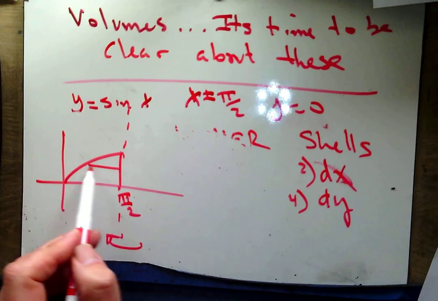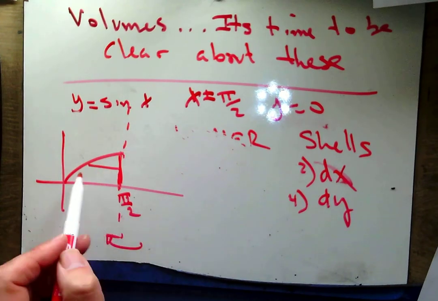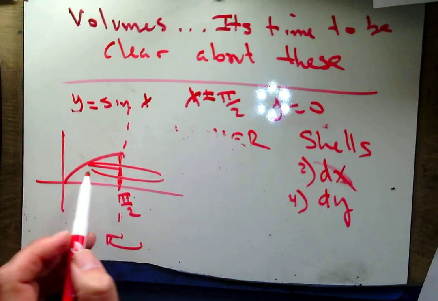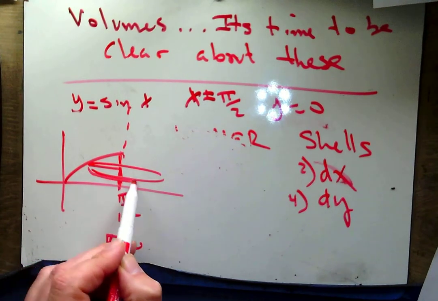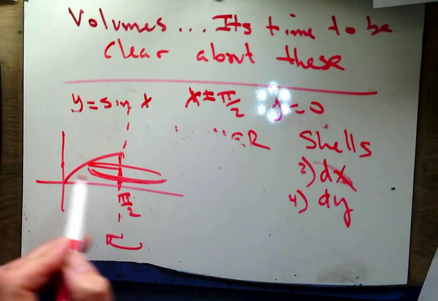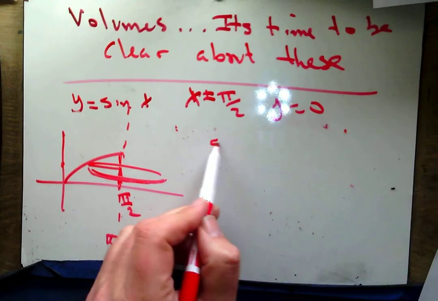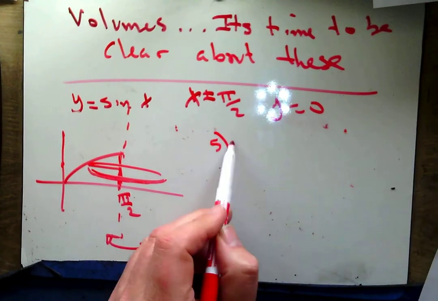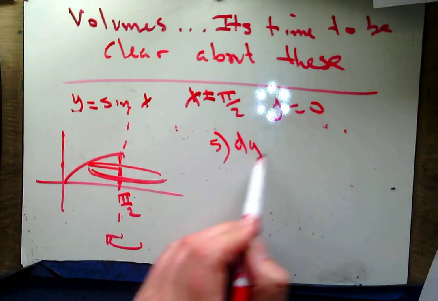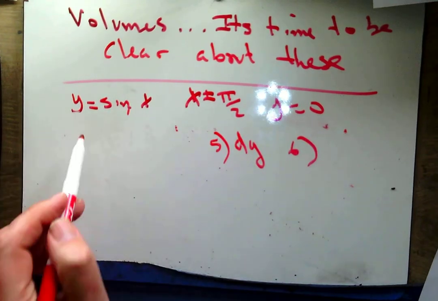And since my region lies on that line, I expect to get a disc here. It is a dy thickness there. That's a change in y values I see there. So for problem number 5, we're saying that discs will be dy, and 6 if we do this with shells.